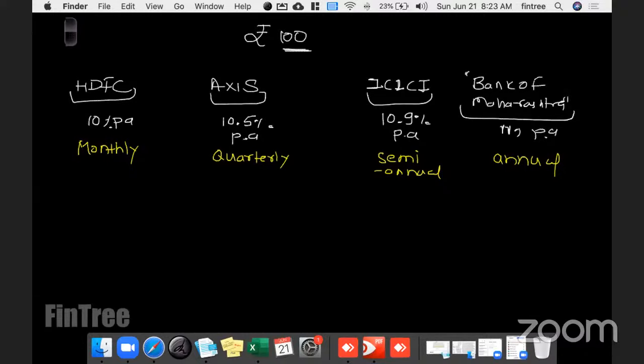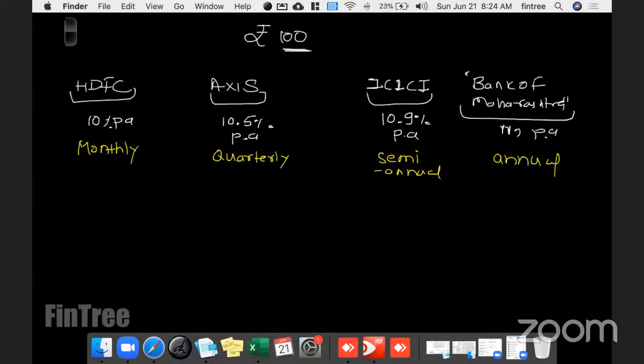So I've started getting answers. Vedant is giving me 111.19 with ICICI. Arvind has got 10.47 with Axis, 10.92 with ICICI, 11.91 with Bank of Maharashtra.